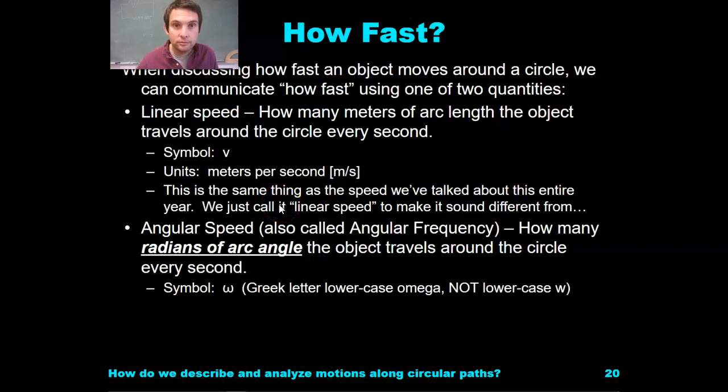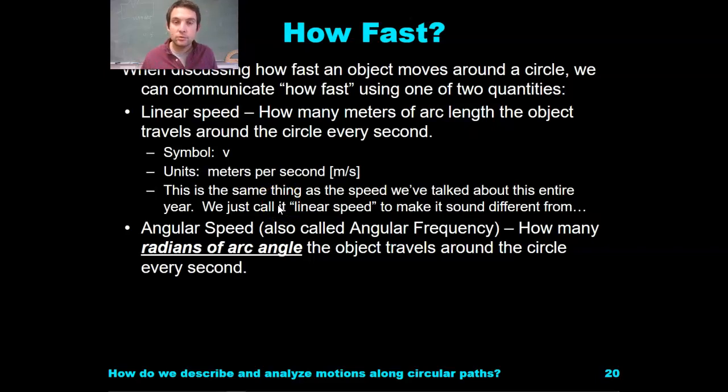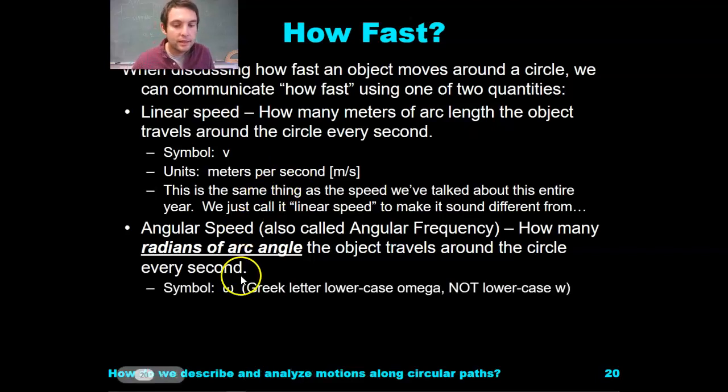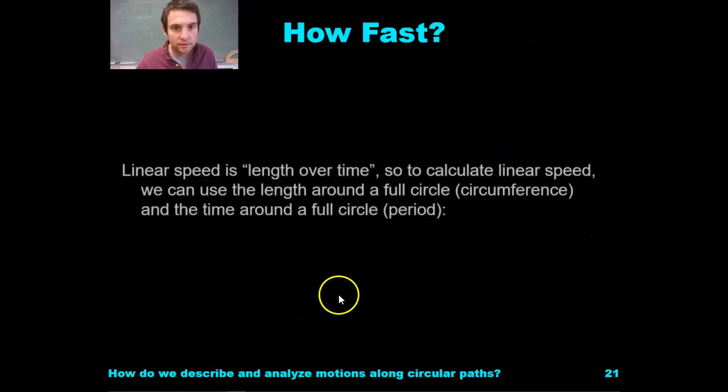The symbol, this is where we start learning some Greek, is the lowercase omega. It's not W, it's rounded, so that's how we know it's omega. The units are radians per second.